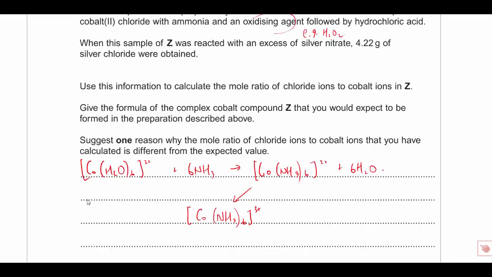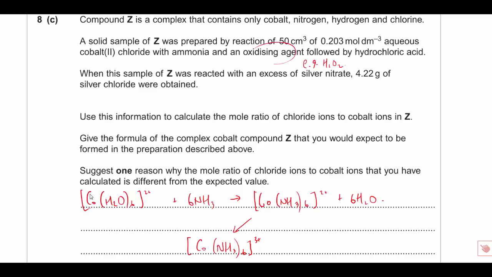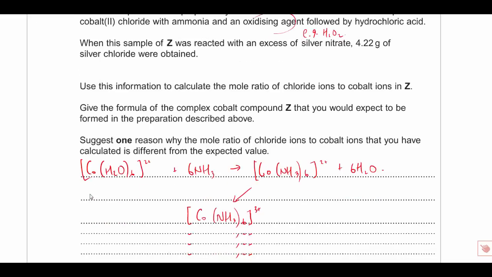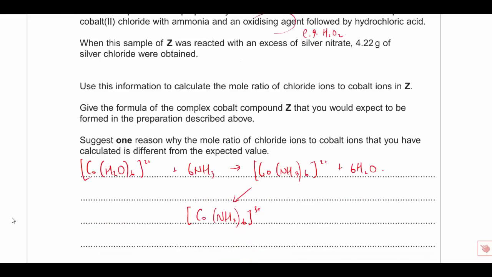So 50 centimetres cubed. We want to work out how many moles we've got. Moles is concentration times volume. I think it was 0.203 times 50 divided by 1,000. That was right, wasn't it? Yeah. And that's going to give us a value of.